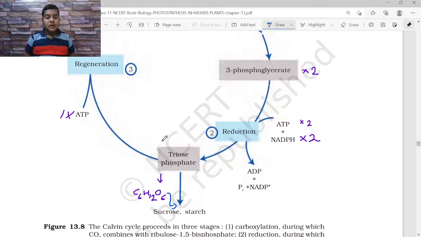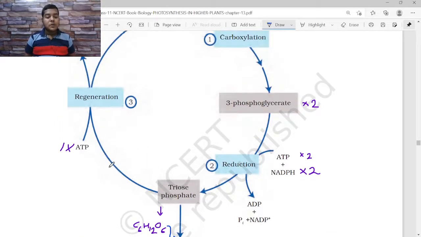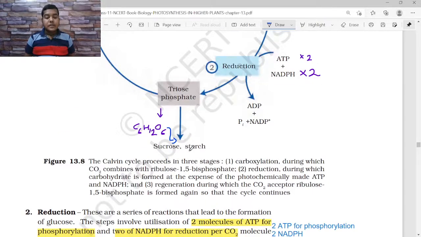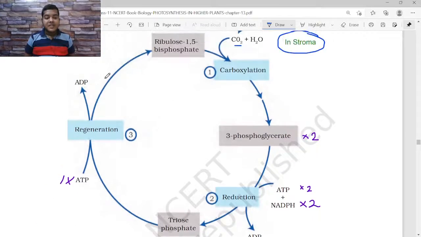Now this triose phosphate, अगर ये रिएक्शन यहीं पे रुक जाती है तो ठीक है. If it goes on, the triose phosphate, like this is your product, you'll get it, but the triose phosphate will further regenerate, है ना. The reaction has to undergo in a cyclic manner, so cyclic manner होने के लिए regeneration will happen.